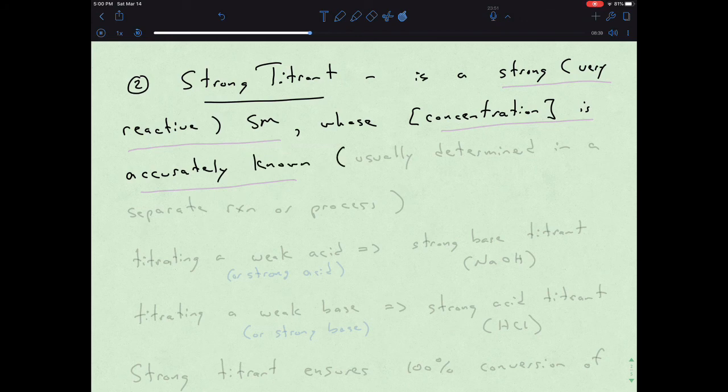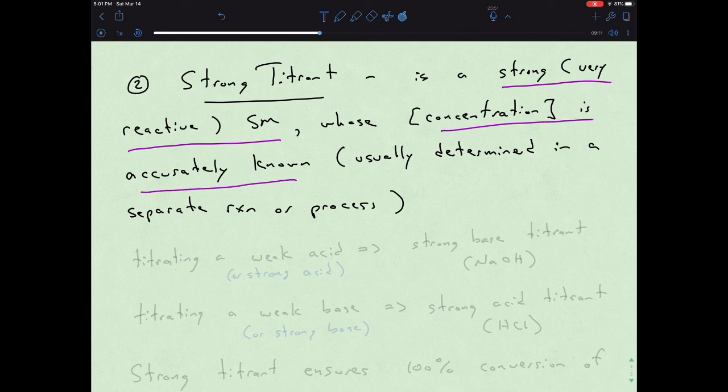This is usually determined in a separate reaction or process. So for the titrant, we really know that concentration, and it's also very strong. So it's a strong starting material, and its concentration is accurately known. This allows us to relate it to moles or molarity of the unknown that we're actually trying to determine.